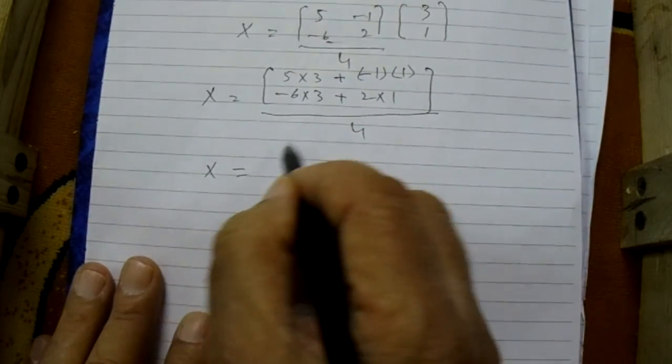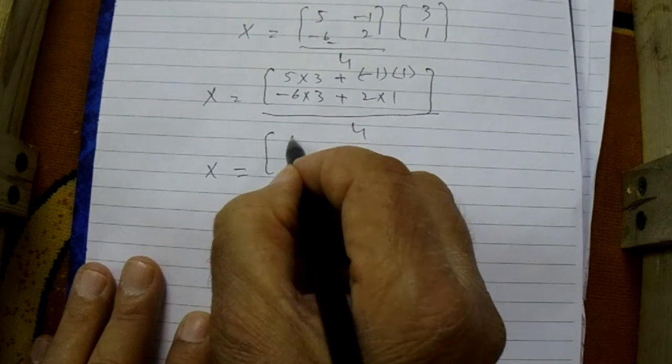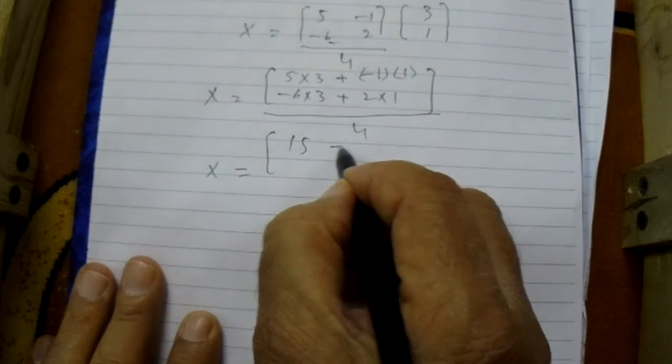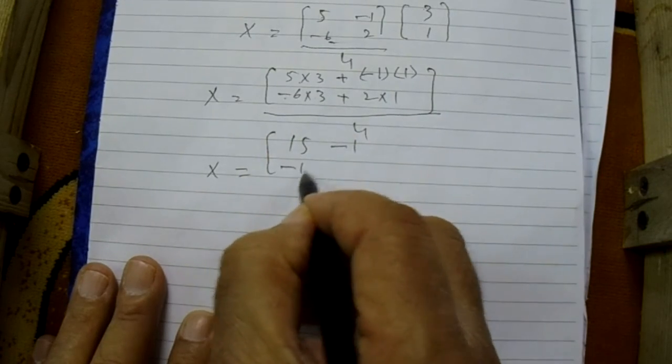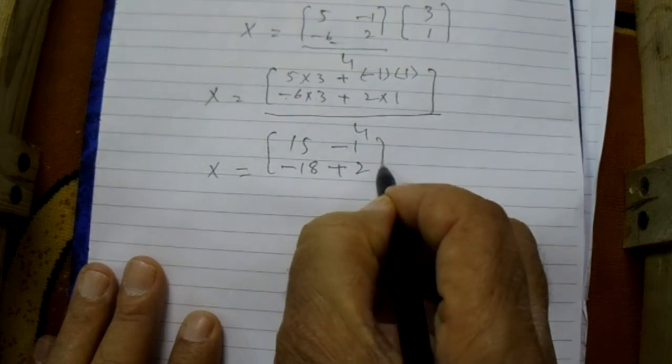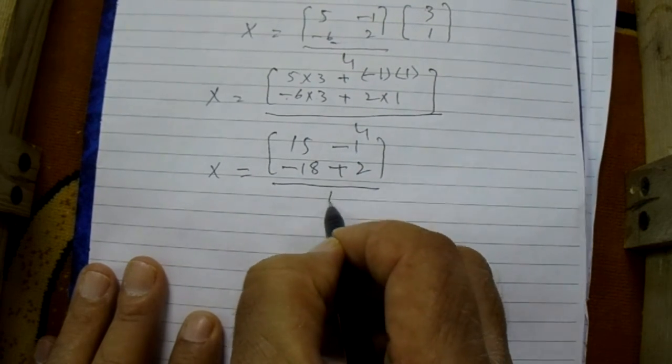Here 5 3s are 15 and minus 1 multiplied by 1 gives minus 1. Minus 6 multiplied by 3 is minus 18 and plus 2. Now we have in the denominator 4.